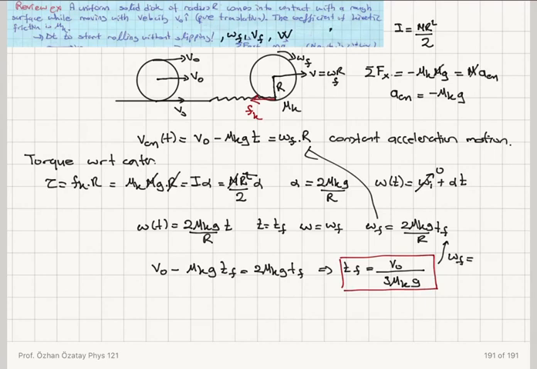What will be omega final? I can just substitute this result here. Omega final will be 2 mu k g over r times v0 divided by 3 mu k g.